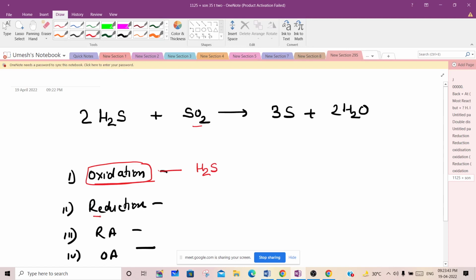Which substance undergoes reduction? Joe Daniel. SO2. MK, which is the reducing agent here?